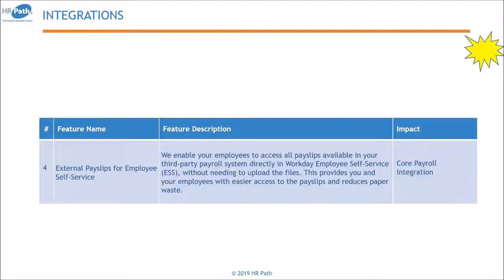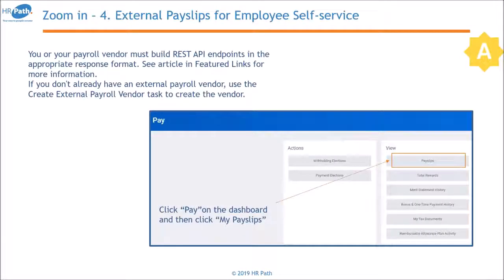Those will then be picked up by a certain integration, and they will be loaded into the Workday tenant itself. With this feature, if we go to the next slide, that whole process is not necessary anymore.